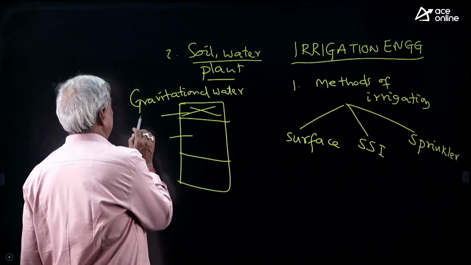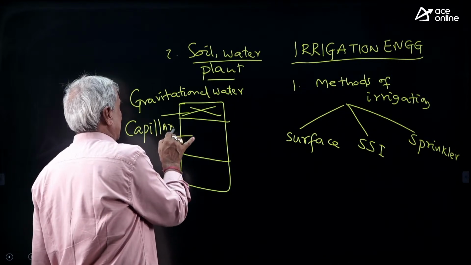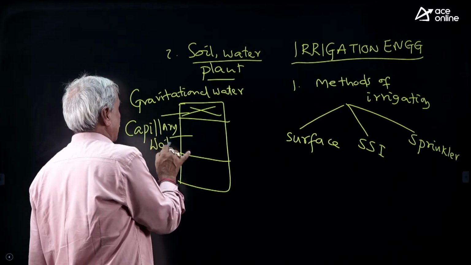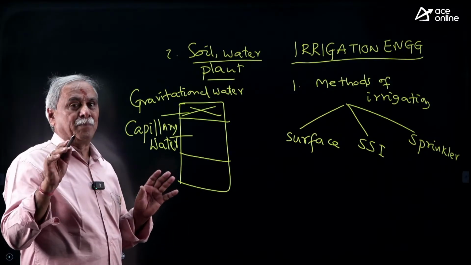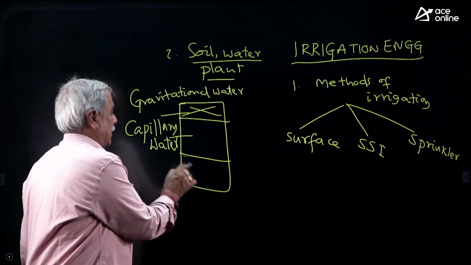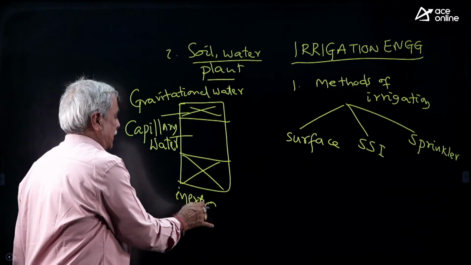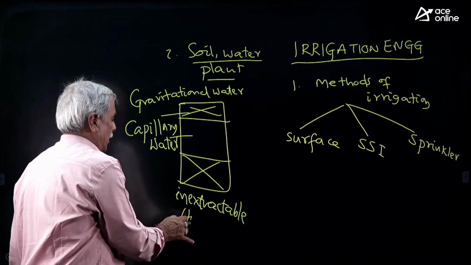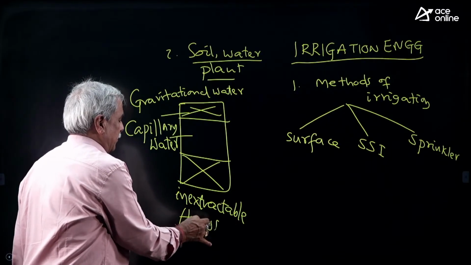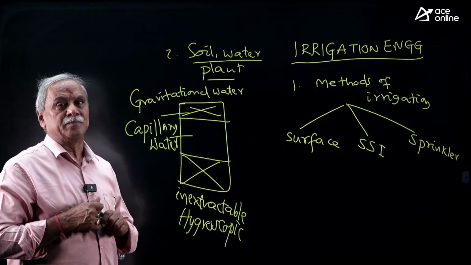Most useful water is called capillary water. Capillary water is the water that can be taken by the plant for its growth, and inextractable water is hygroscopic water. Inextractable water is called hygroscopic water. So we should be thorough with all these concepts.